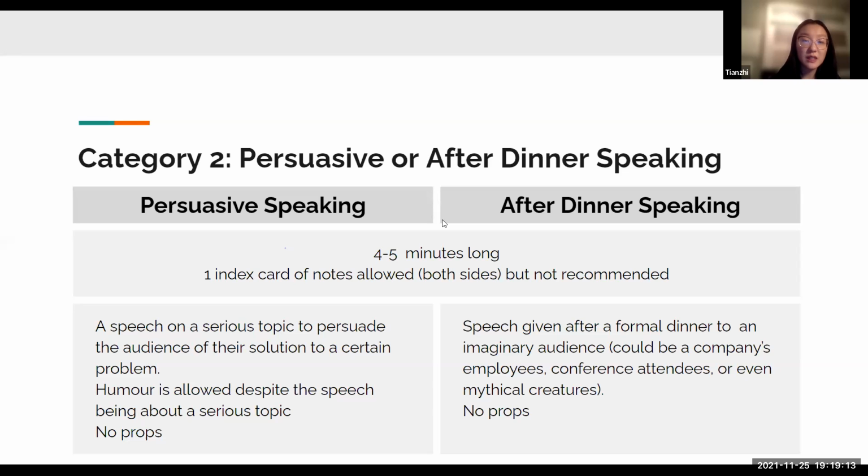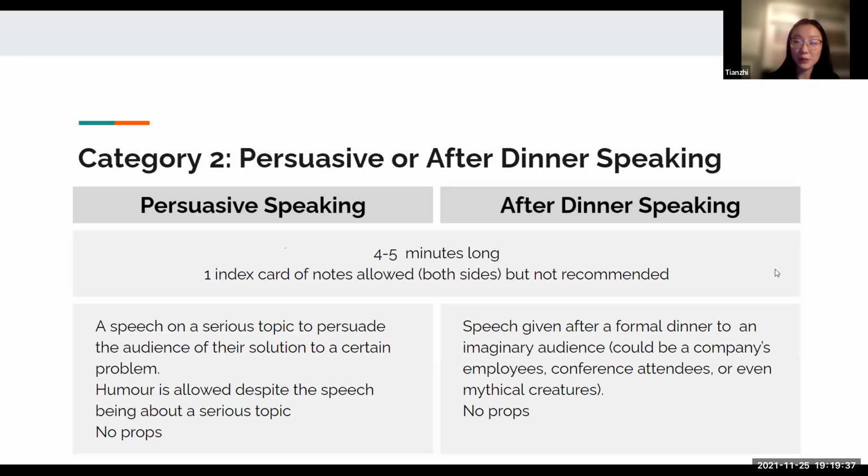In fact, both of these speeches should be memorized. So when you are practicing your speech, try to memorize as much as you can, so that when you're presenting on December the 12th, you can make good eye contact with the camera and make more connection to the judge or to the listener or to the audience. So that is my recommendation.